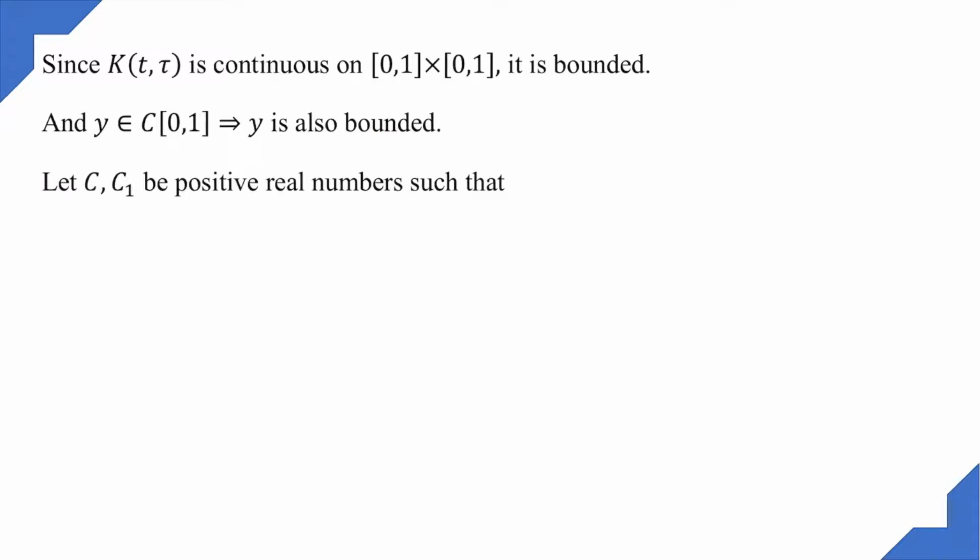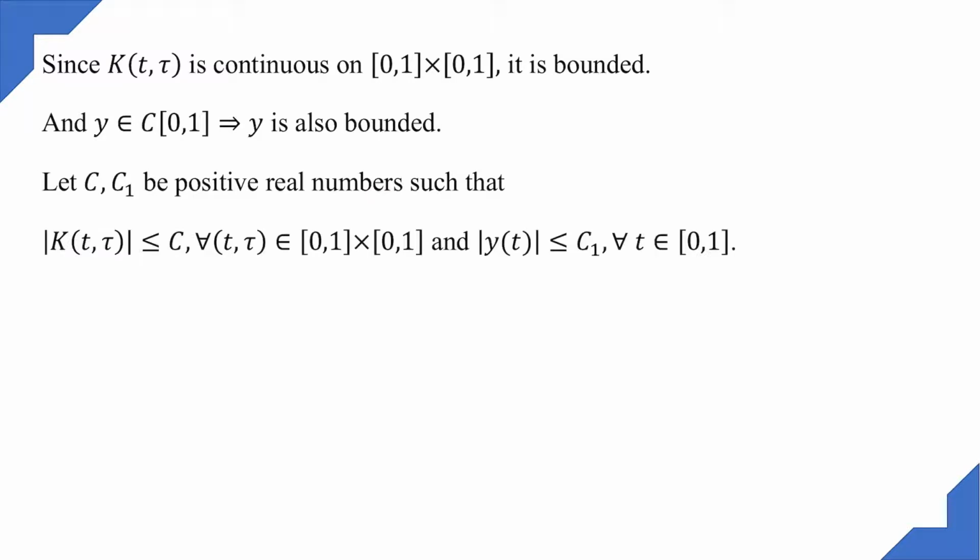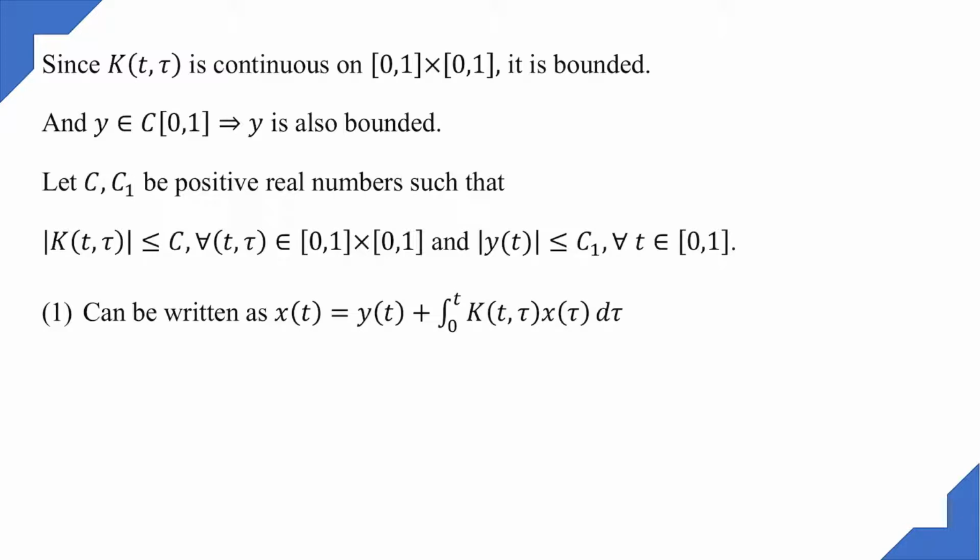So we will take c and c1 as positive real numbers such that the absolute value of k(t, τ) is less than or equal to c for every ordered pair (t, τ) element of [0,1] cross [0,1], and c1 is chosen such that the absolute value of y(t) is less than or equal to c1 for all t element of the closed interval [0,1]. So we can write equation 1.